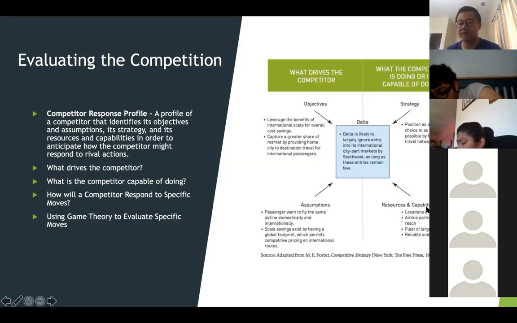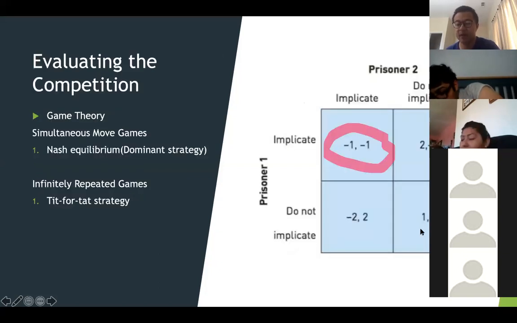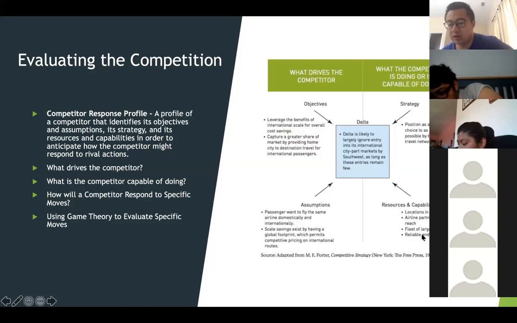The resources and capabilities are locations in different major cities, airline partners that provide global reach, like another airline in another country, a fleet of large aircraft, and reliable, service-oriented travel. These are the first two questions, on the left side of the slide.